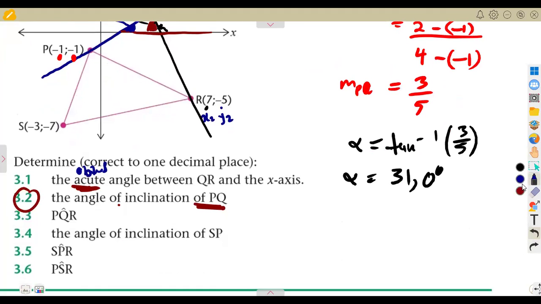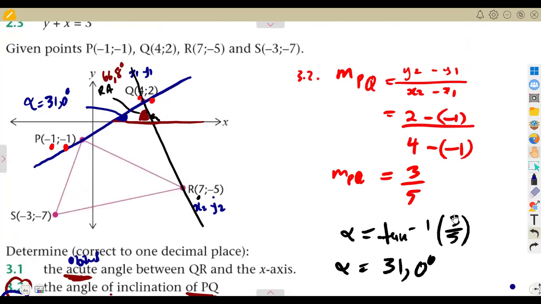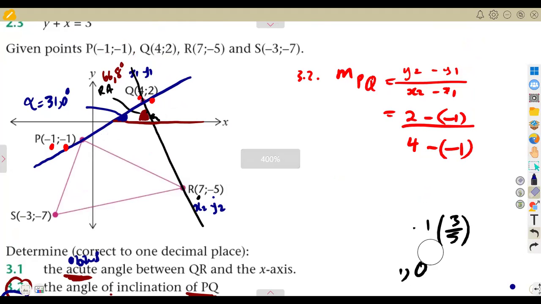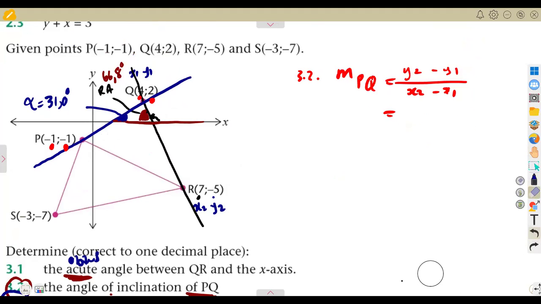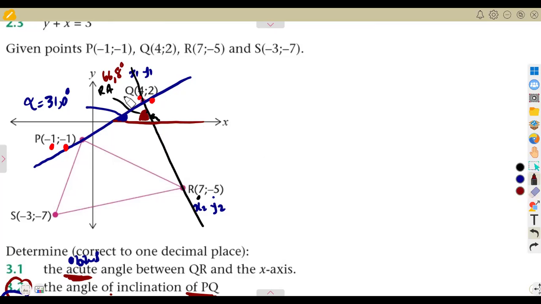All right, then at this point, they want you to calculate angle PQR. That's why they wanted you to calculate these. Look where angle PQR is. It's unfortunate that I can't adjust any further than this, so let's hope you see properly on your diagram. Remember, we got this angle between the line and the x-axis, and also the line and this side of the x-axis, which is this one of 66.8.